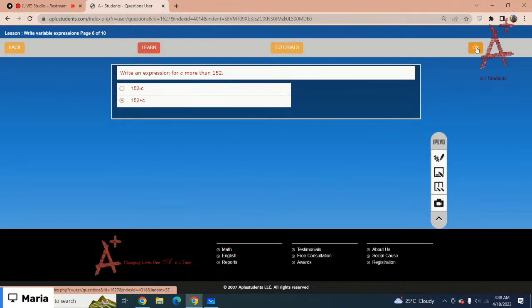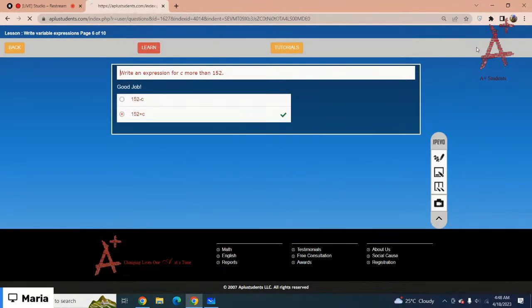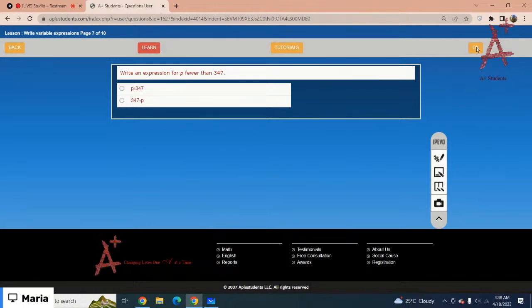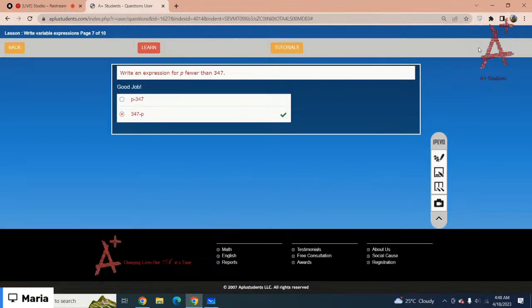Option number 2 is the correct one. Got it? Okay, write an expression for p fewer than 347. So which is the correct option? It would be fewer than 347, so it would be 347 minus p. Got it? The second option is the correct one.